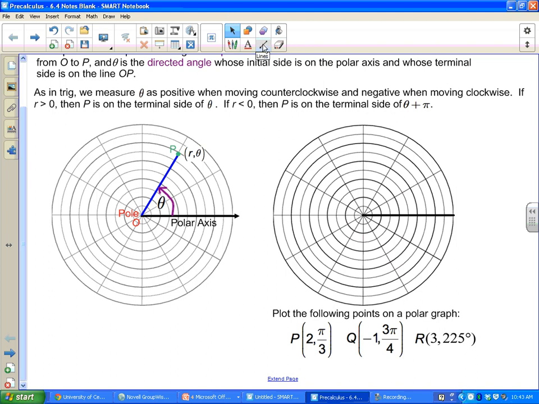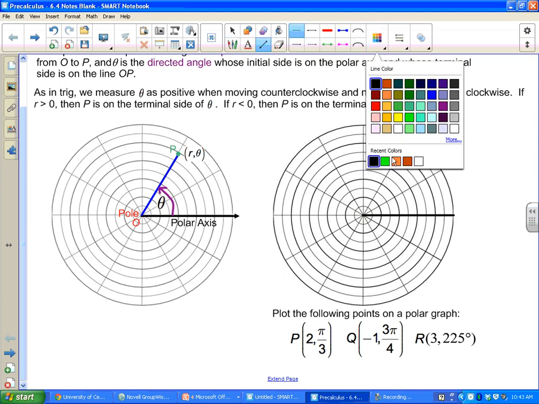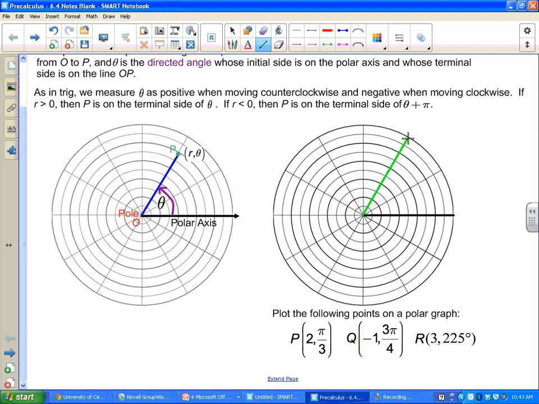So I want to graph 2 comma pi over 3. I drew in my origin here already, and so I want to start with the theta. I want to figure out where pi over 3 is. You can use the unit circle to help you if you want to, but pi over 3 is going to be this line right here. And then I want to graph 2. I'm going to make each of these darker lines be 1.